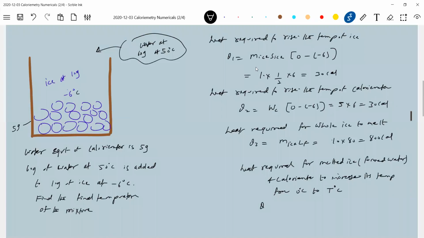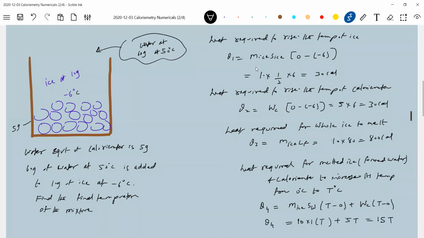This I'll call Q4. So what is Q4? Mass of ice melted, that same ice only, 10 gram, specific heat of water 1, T minus 0, plus water equivalent of calorimeter 5, T minus 0. So this will be 15T.